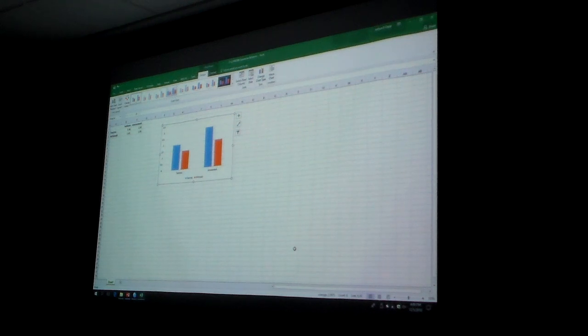Ninety-six, 1.050. Is that what people got for variance? Is that right? Okay.